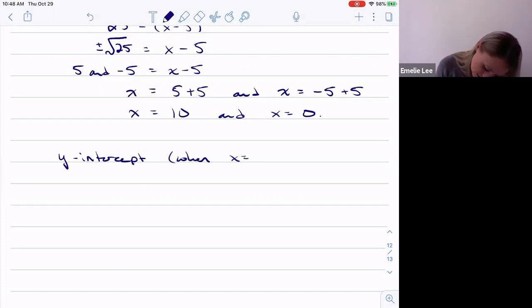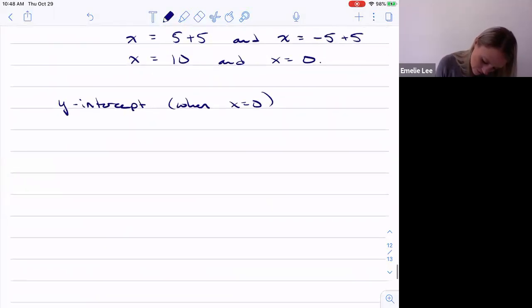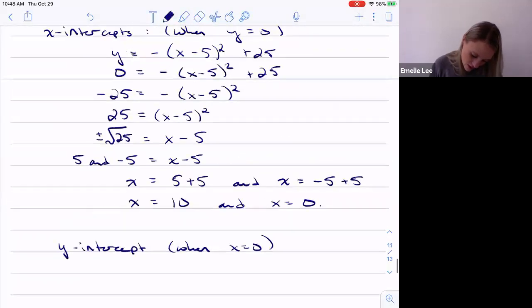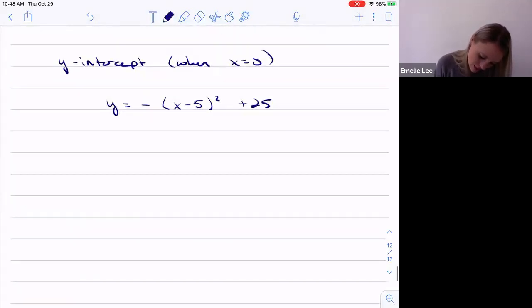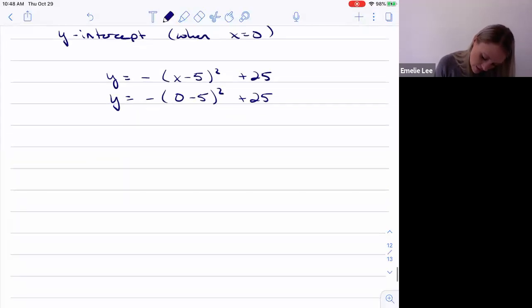The y-intercept is when x is 0. So y equals, and I'll use the general form, negative (x minus 5) squared plus 25. So y is negative (0 minus 5) squared plus 25.